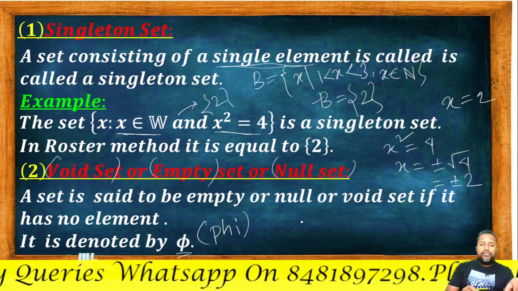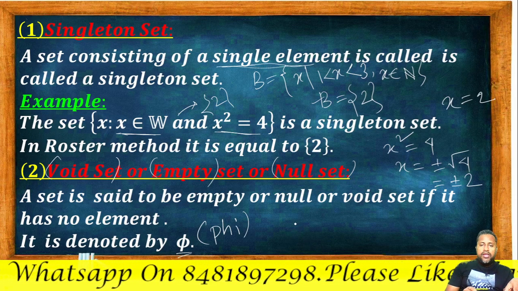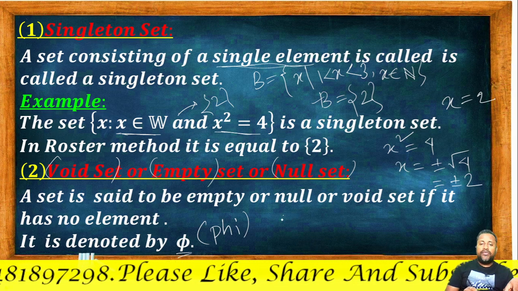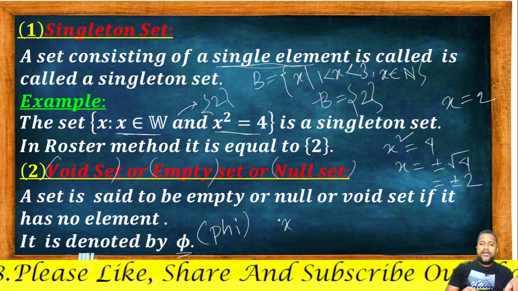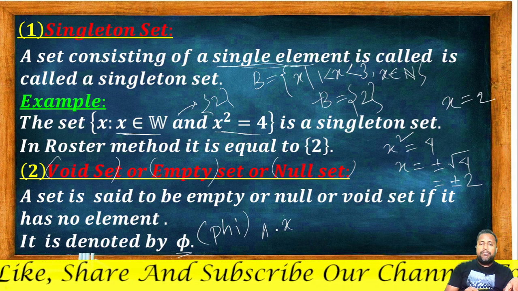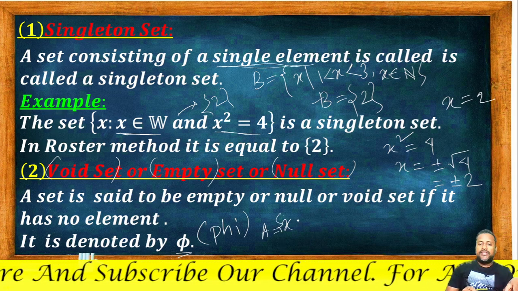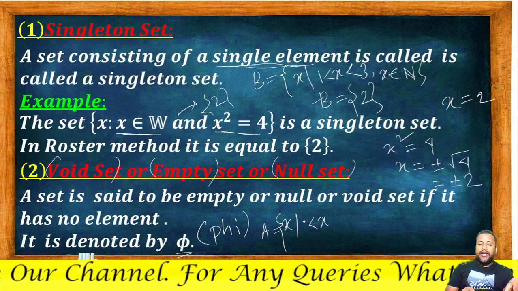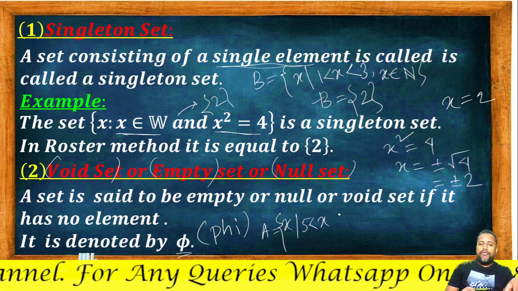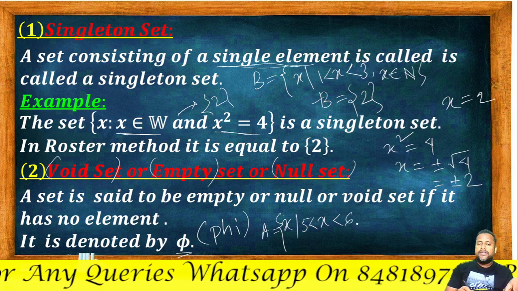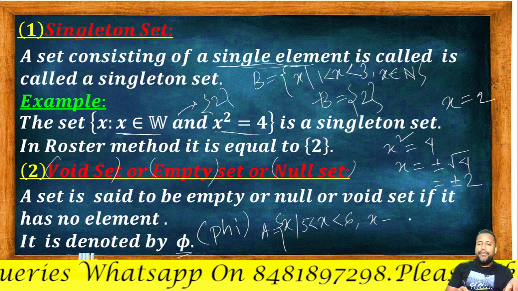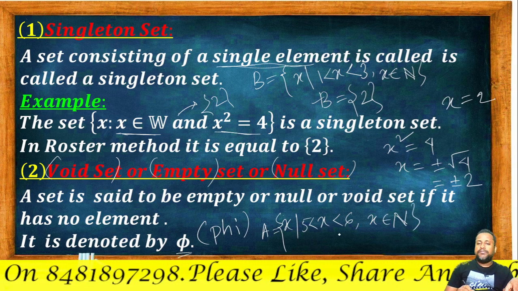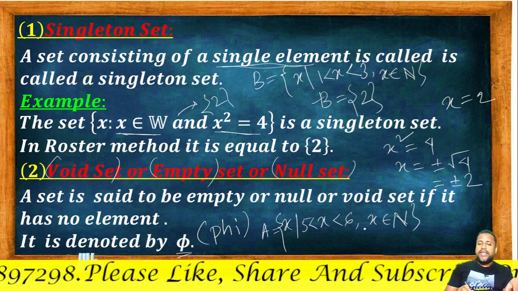So if we consider any set, say let A be a set and A equal to {x such that x greater than 5, less than 6, and x belongs to N}, that means x belongs to natural numbers.